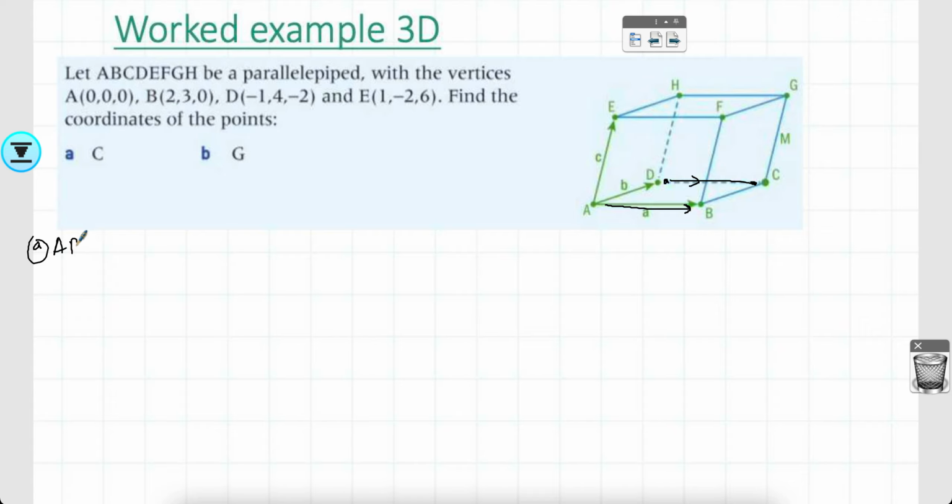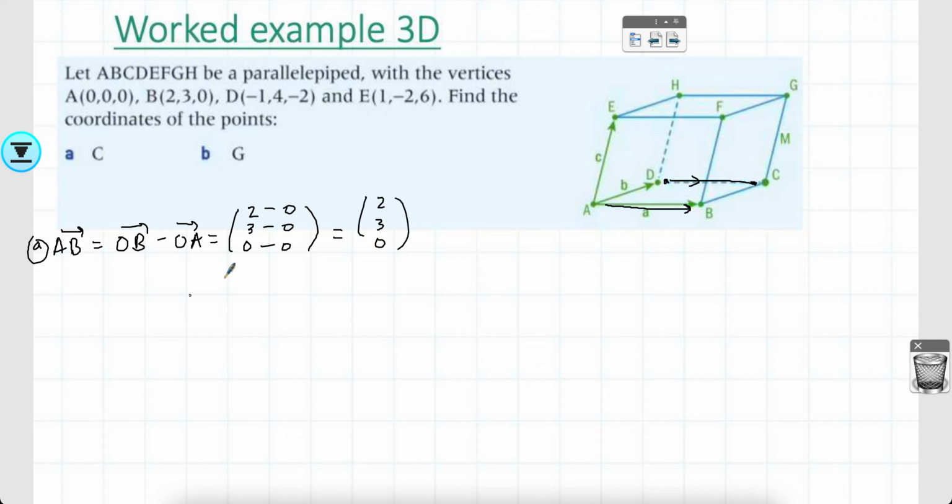So that's for part A. A to B is basically OB minus OA, which is kind of silly to write, but let's just write it down. O to B is 2, 3, and 0. And I'm taking away O to A, which is just taking away 0. So a bit redundant, but let's just keep it there.